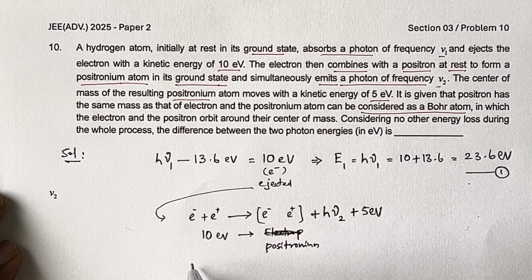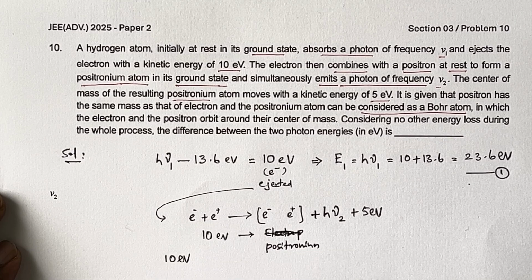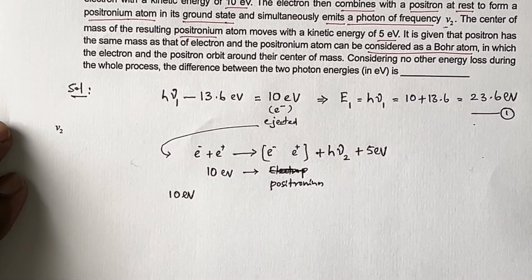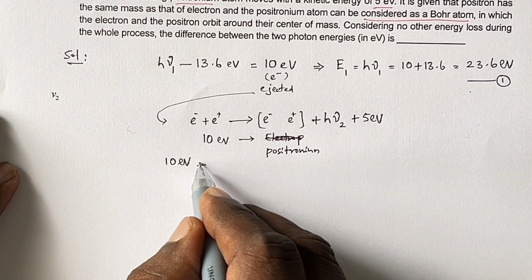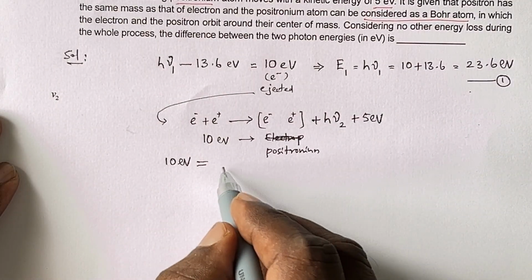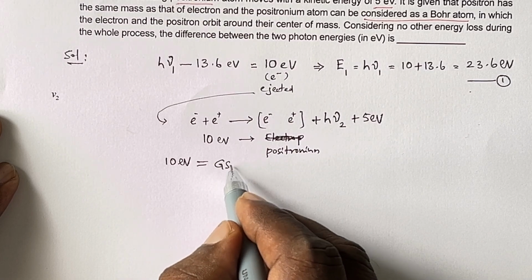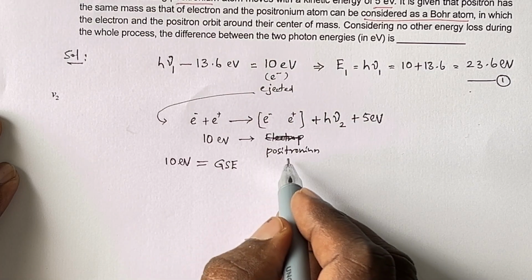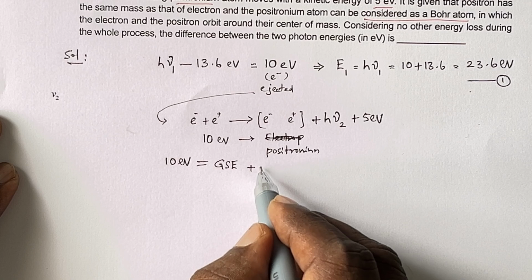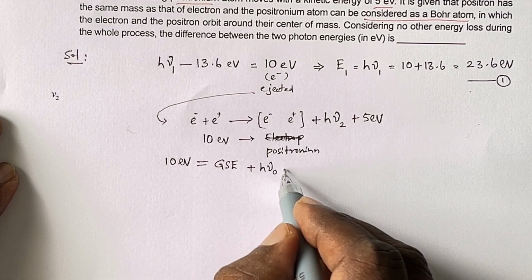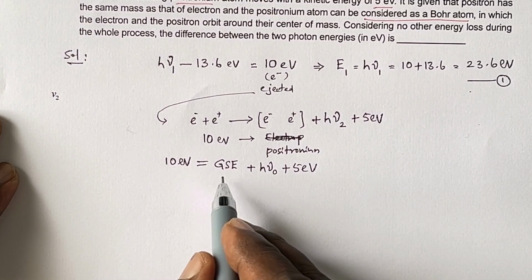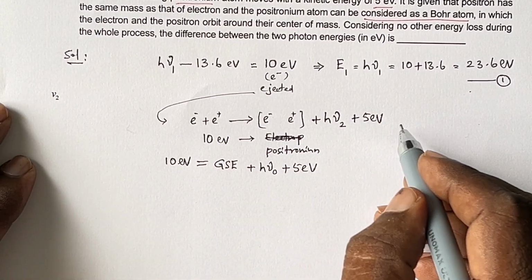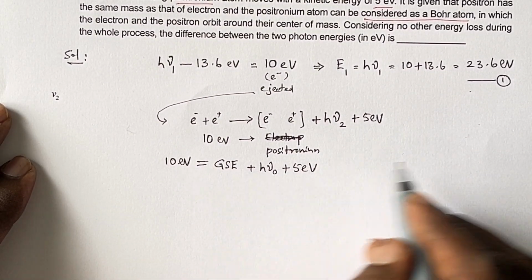Here we can write the equation: 10 electron volt is equal to the ground state energy of positronium plus h nu2 plus 5 electron volt. So the ground state energy of positronium we have to calculate.